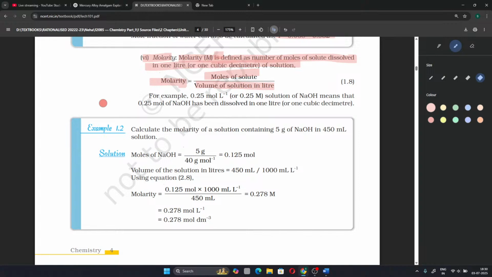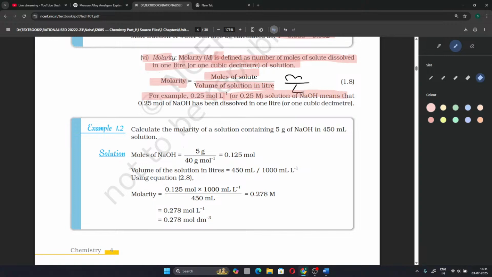But in the next concentration term, which is molality, we are going to see that. For now, let's see molarity itself. For example, 0.25 molar solution. Mole per liter is a unit for molarity. We can call it either mole per liter or molar.